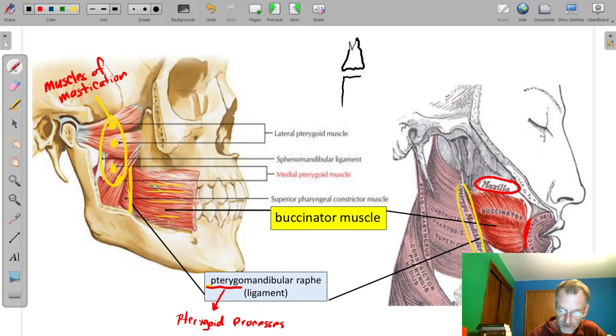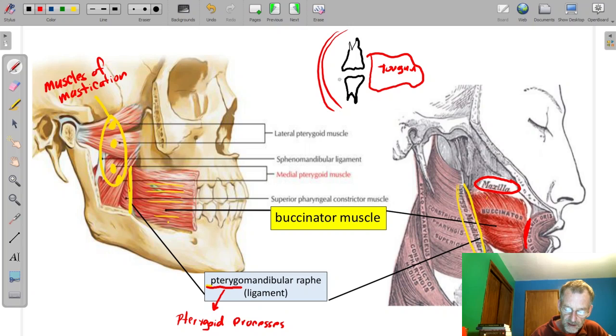Oh, gee, you could do better with teeth. Yeah, let's just start over. Okay, and then you have the tongue over here. And then you have the buccinator over here.